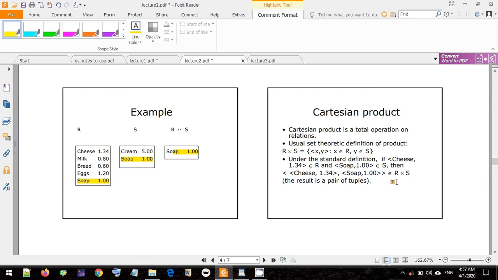Under the standard definition, if for example I have cheese 1.34 which belongs to the relation R, and soap 1.0 which belongs to relation S, then we say that the Cartesian product is cheese 1.34 comma soap 1.0 belonging to the relation R by S, which gives us the relation R by S. The result is equally a pair of tuples.